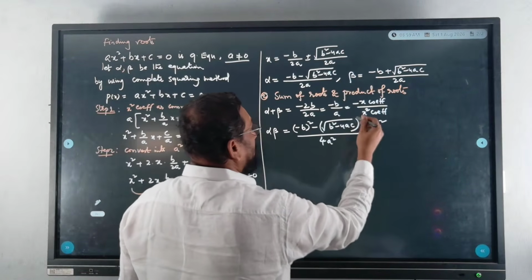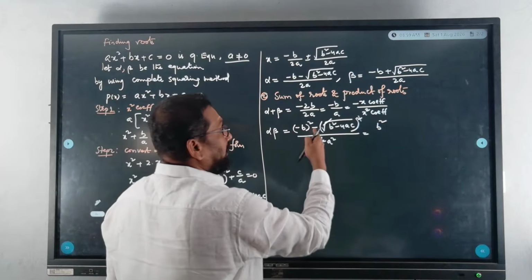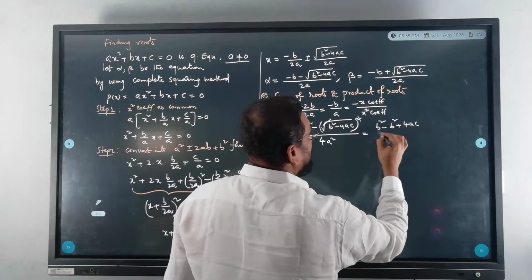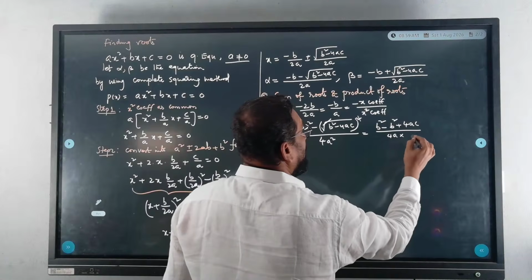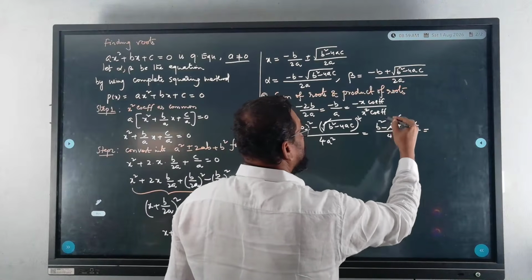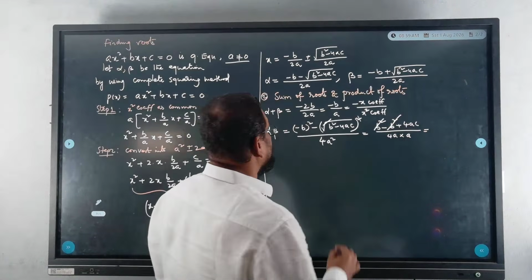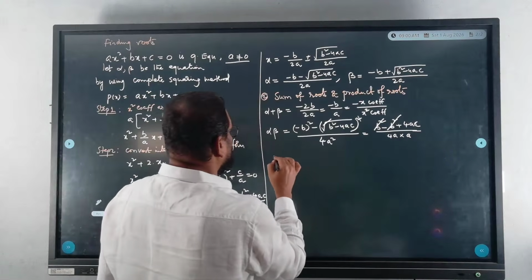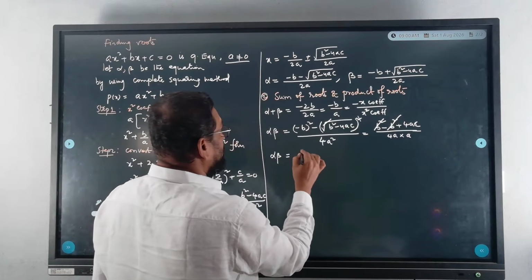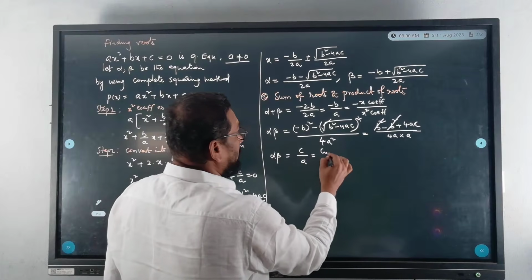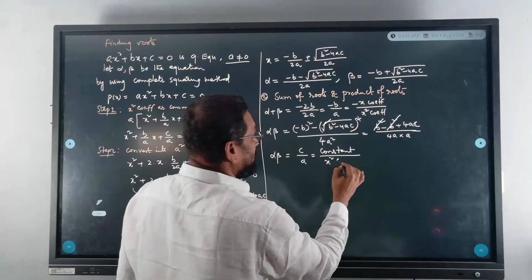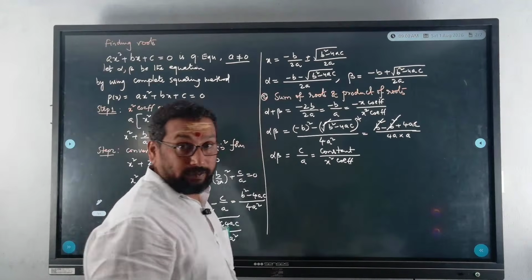So b square, when square root gets cancelled, multiply with minus, minus b square minus of minus plus 4ac by 4a into a. So here b square gets cancelled, 4a gets cancelled. So alpha beta is equal to c by a, c is constant, a is x square coefficient.